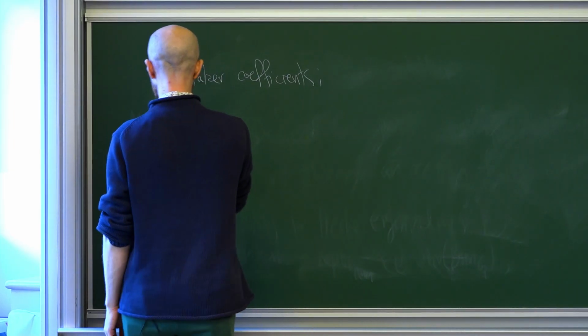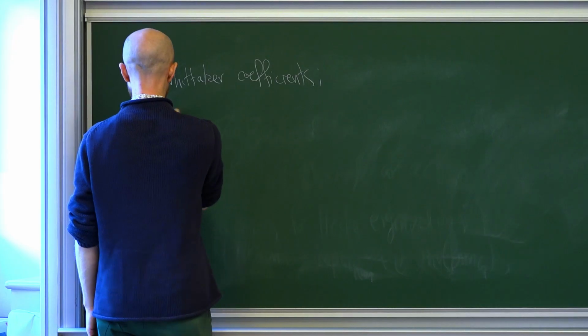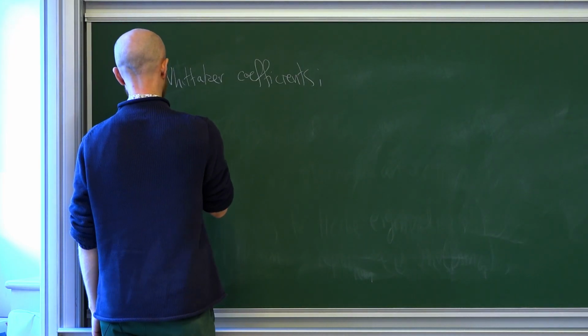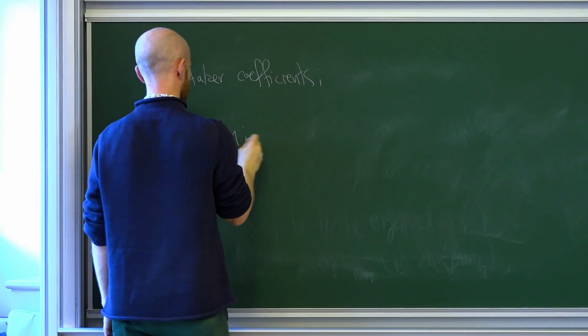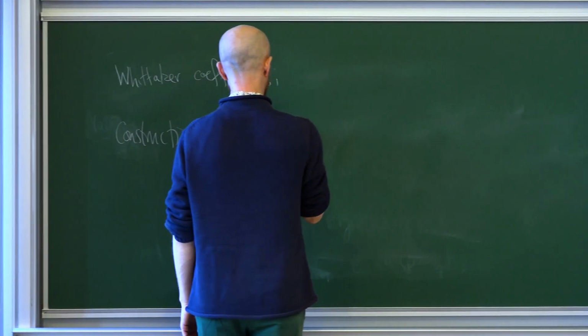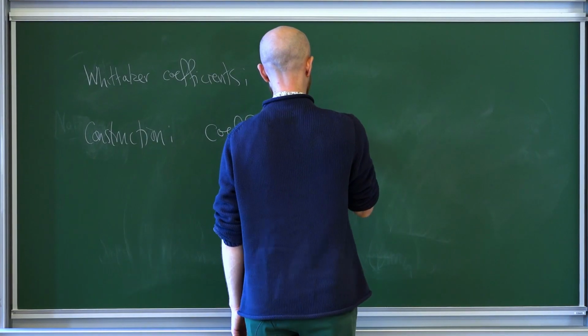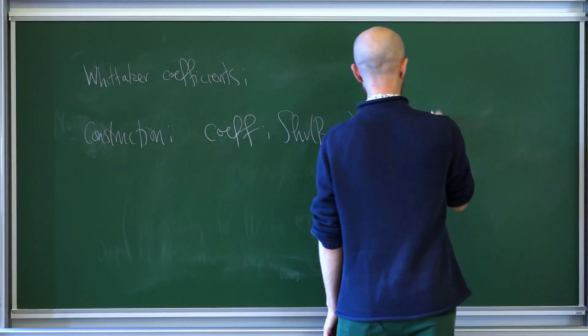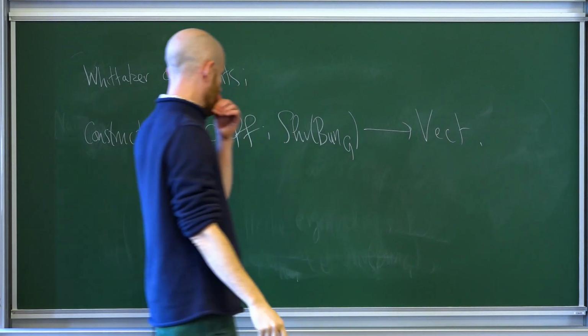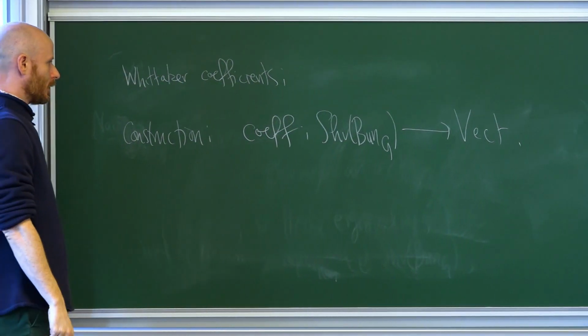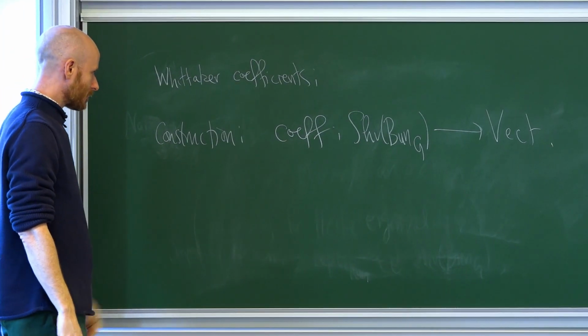The statement is that there exists a construction of a certain functor, which I call coef, from sheaves on bun G to the category of vector spaces.